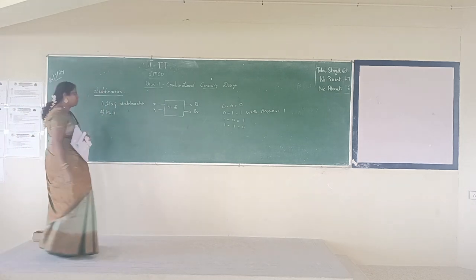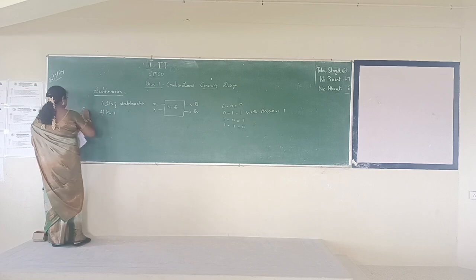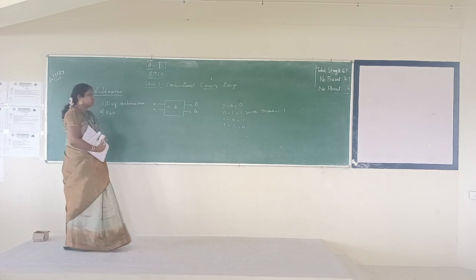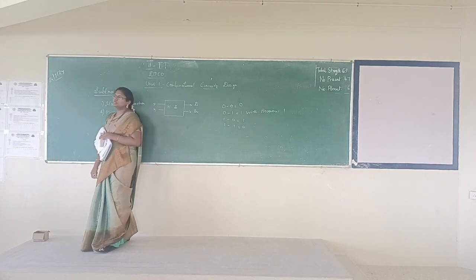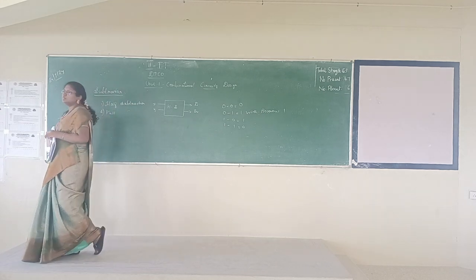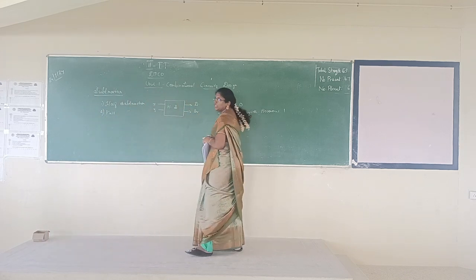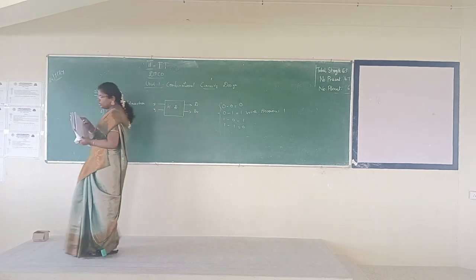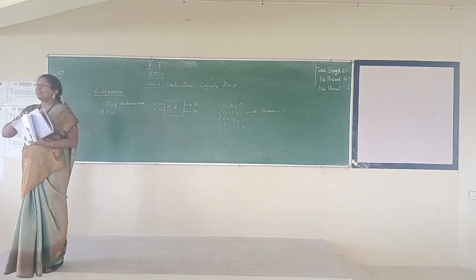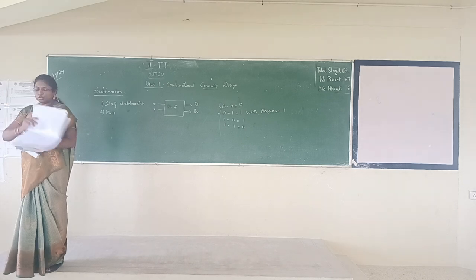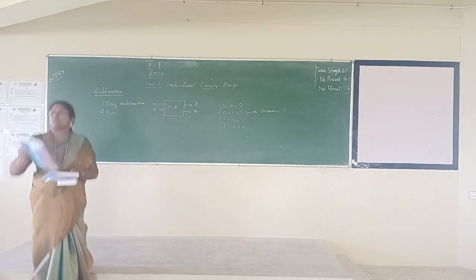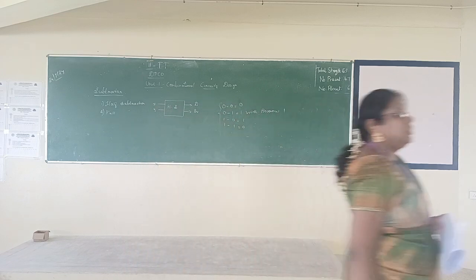Write it down. Right now we are going to see the operation of the half subtractor in the form of the truth table. How many inputs are here? 2 inputs.